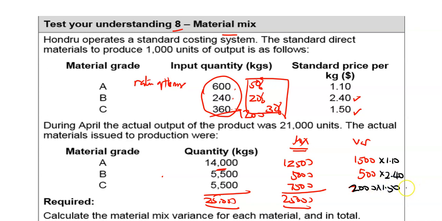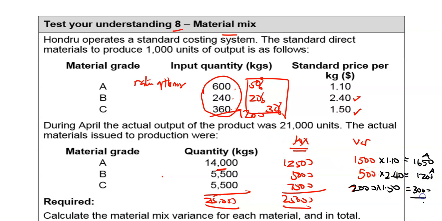Let's see what this comes out at. This is 3,000. This is 1,500 times £1.10, which is 1,650, and this is adverse, by the way. 500 times £2.40 is 1,200, adverse as well.